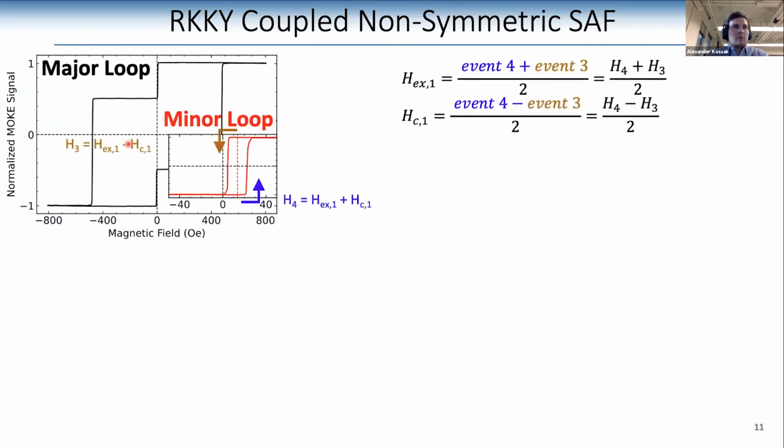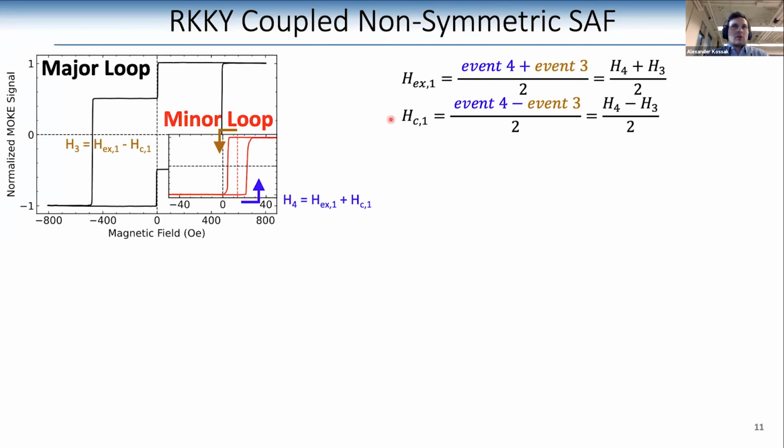However, the advantage of using a non-symmetric synthetic antiferromagnet in our case is that we can collect both a major loop and a minor loop. And when collecting both, we can still use the same process for the minor loop. In the minor loop, we again use the two switching events for that single layer to find the exchange field, the exchange coupling and the coercivity.